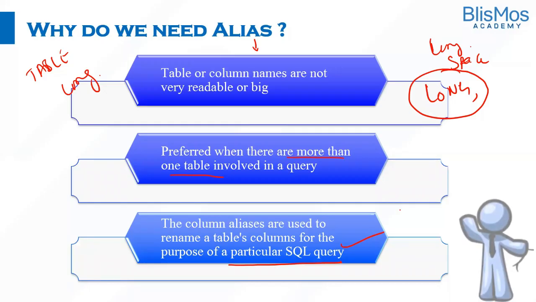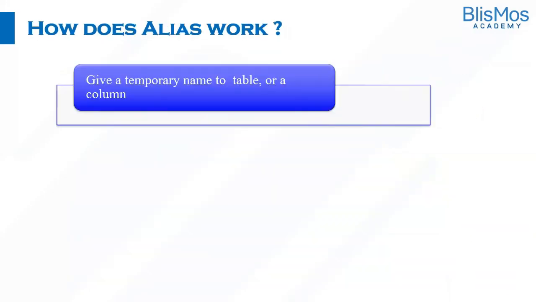So how does the aliasing work? When we say aliasing in SQL, that is not a permanent name. Aliasing or alias would give a temporary name to a table or a column only while that particular query is running. It is a temporary name.